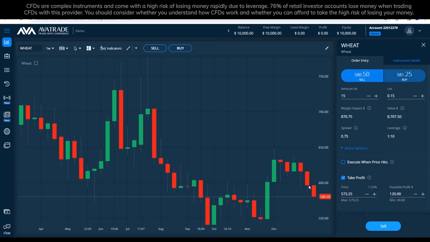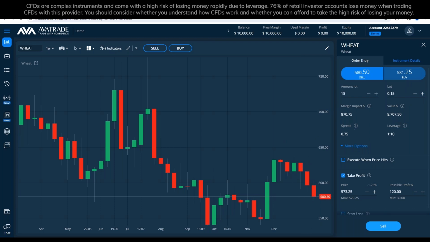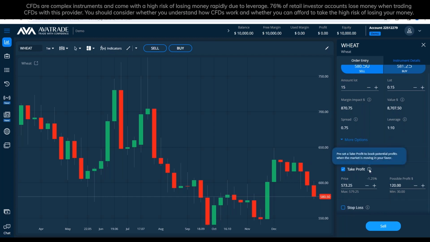Now if I sell and I want the value to decrease, this pending order that triggers by reaching the price is going to close my position with the profit. And this is why it's called take profit. I'm going to close my position and take my profit, right? It's not going to take my profit, it's going to give me my profit, but never mind.